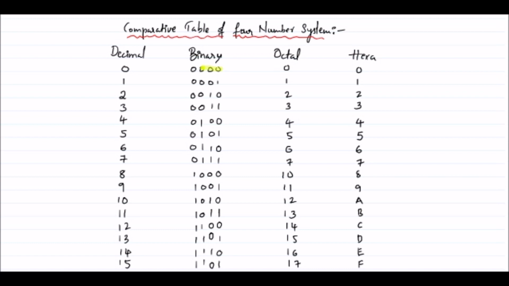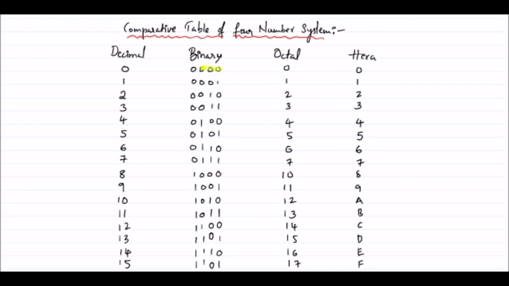As in the octal number system, the binaries are represented with 3 digits, in 3 digits for the octal equivalent value of the binary. So this table is very important. Try to remember it, and it will be helpful for learning how we convert a binary number to hexadecimal and hexadecimal to binary.